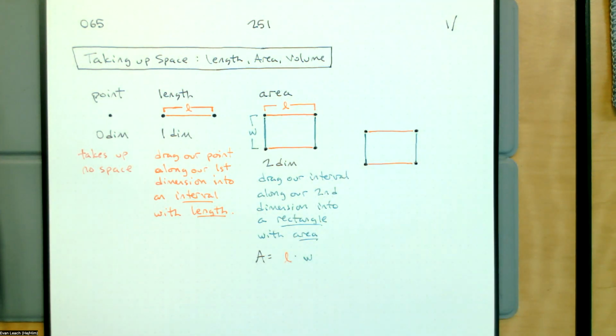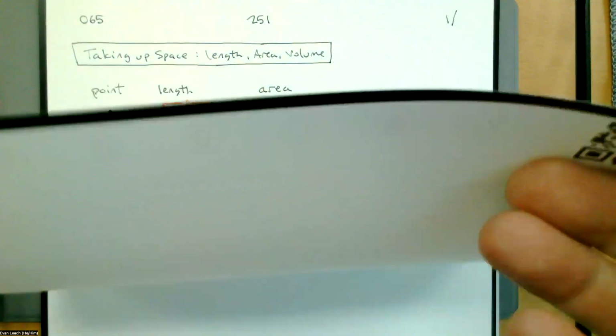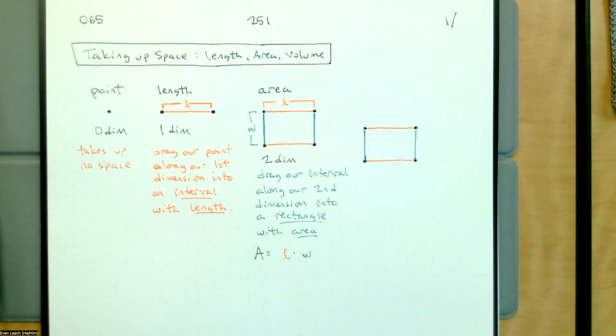We're going to build a volume by doing the same thing. I'm going to grab this area and just pull it into a third direction, a third dimension. This dimension is going to be forward and backward. I'm going to have to approximate my forward and backward because I'm drawing on a mostly two-dimensional thing. I mean, there is some thickness here, but I can't draw in that space above the paper.